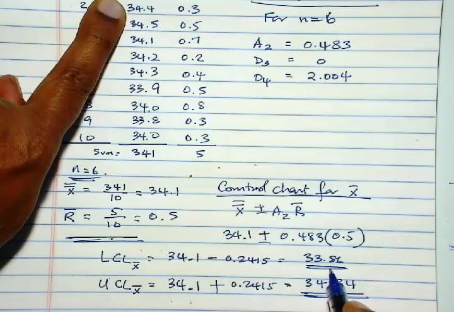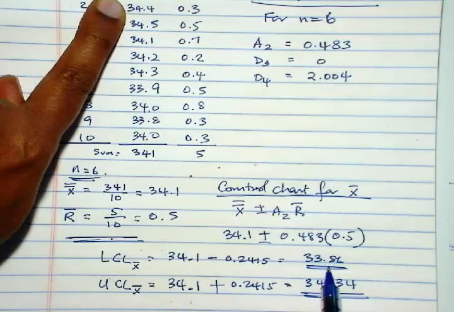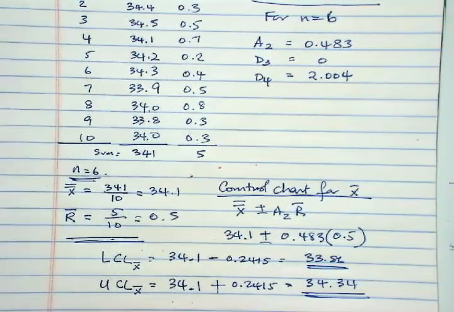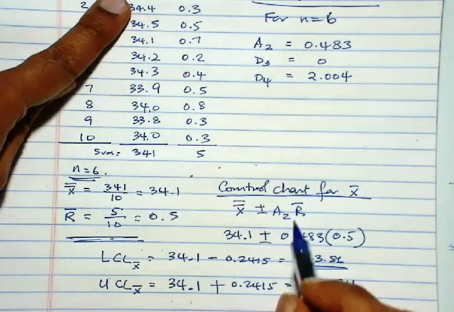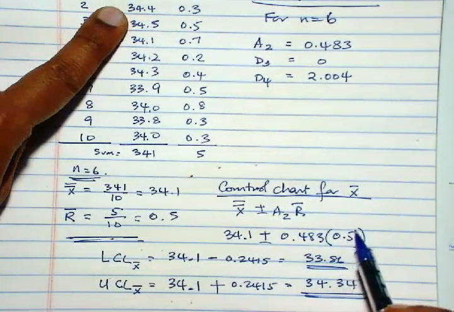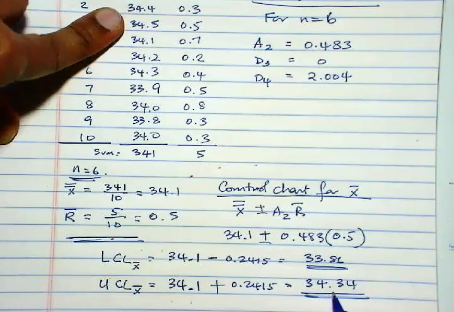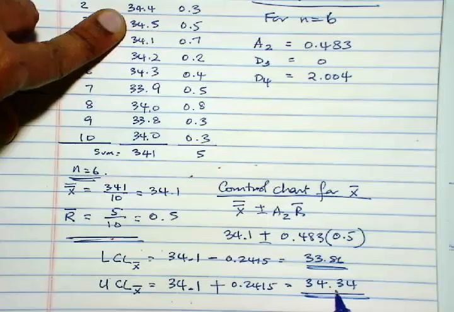Okay, so this is the lower control limit. Now this one is smaller than the lower control limit. So x bar for samples. So the first one is outside. Okay. The second one is outside too. Okay, so upper limit. The second one is above the upper limit.